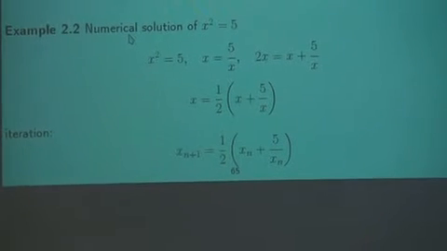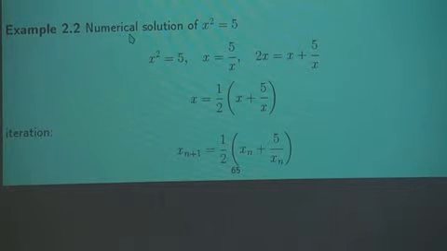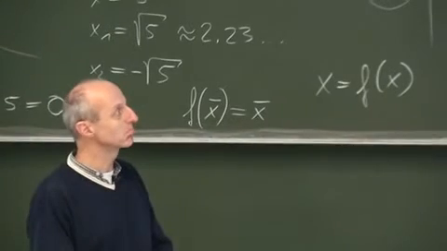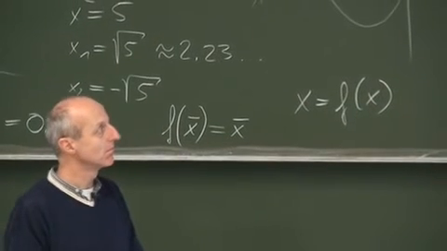Now we just use this equation. The other one is not so nice. Okay, so if we put square root of 5 into this right-hand side, that means into this f, it's a fixed point. Now what happens if we take 0, for example? What do we get?